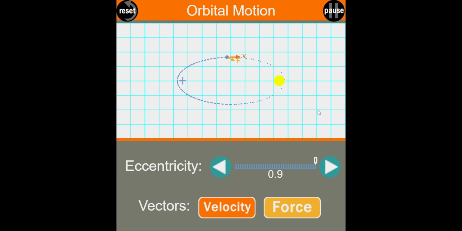So when the arrow gets bigger, it is showing you that the object is speeding up. Now, when you are looking at the simulation in a minute, one of the questions we're going to ask is, what is happening to make it speed up?